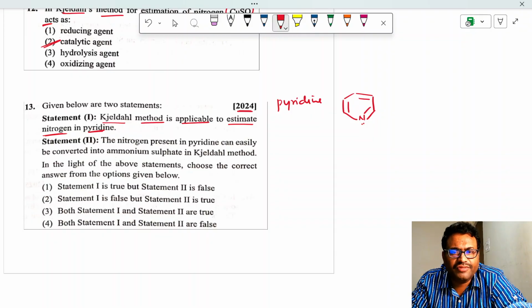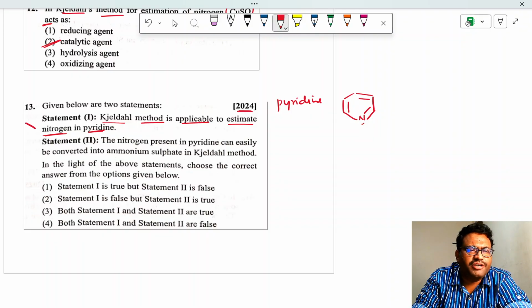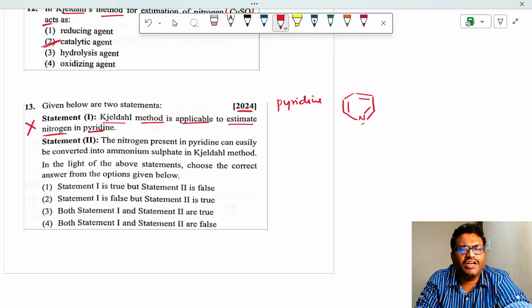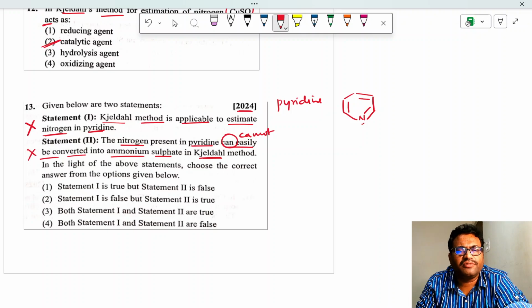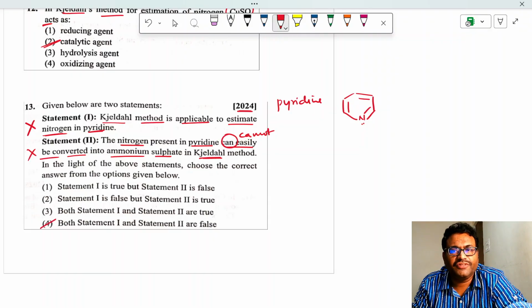No, because nitrogen cannot be converted into ammonium sulfate. So this is a wrong statement. The nitrogen present in pyridine can be converted into ammonium sulfate in Kjeldahl method. It cannot be converted, so this is also wrong. So both statements 1 and 2 are false. Okay, that is the answer. Let us see the next question.